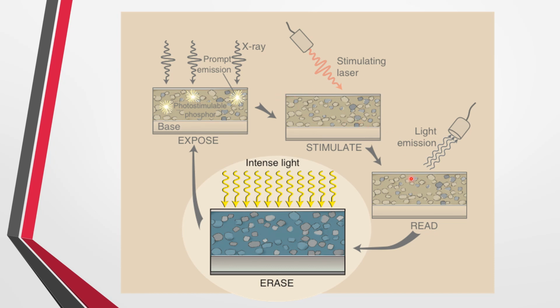To stimulate, light is emitted, and it is read by the PMTs, the photomultiplier tubes. It's sent off to be digitized by the analog to digital converter, and then it's erased with an intense white light, and then it's ready to be used again in another exam.